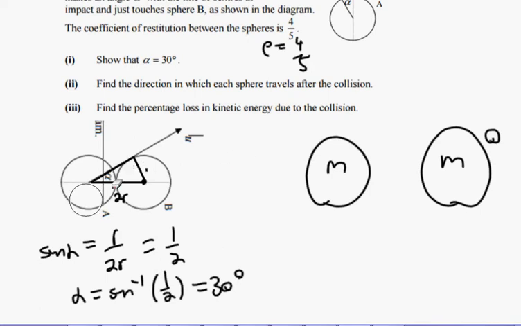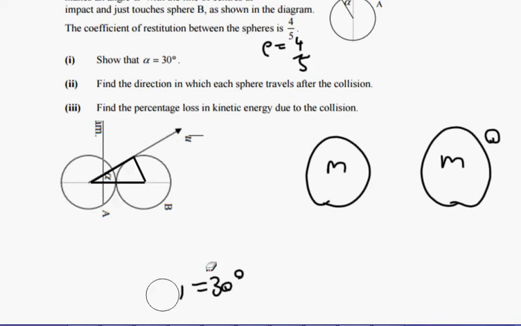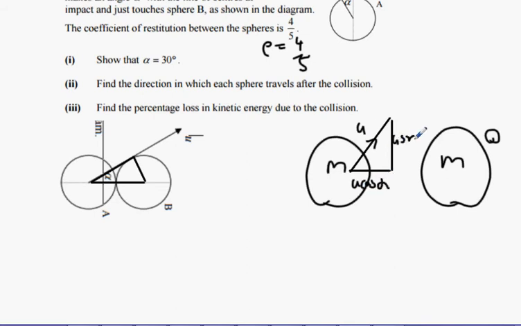Now that we know that's definitely 30 degrees, what we're going to do next is break up our components. So we know that it's going in this direction with speed U. That makes this one U cos alpha, and this one U sine alpha. But we know alpha is 30 degrees.